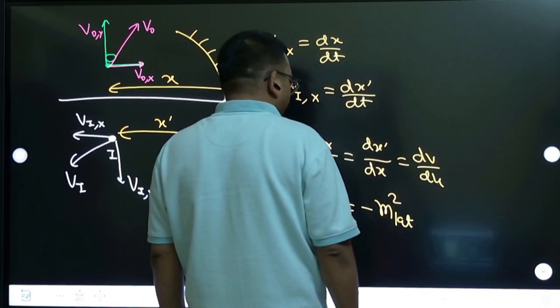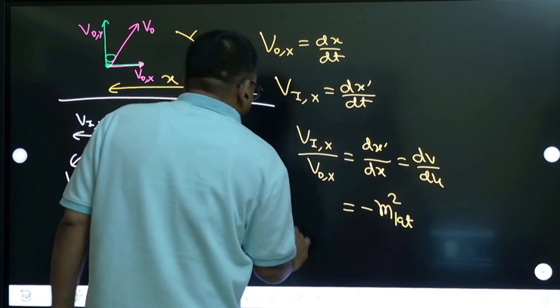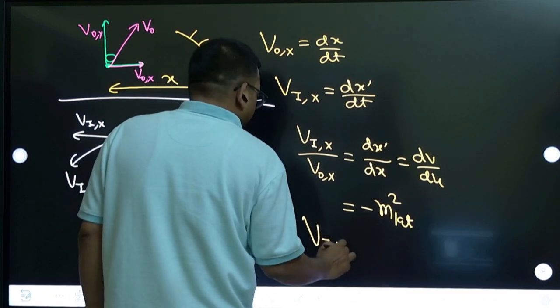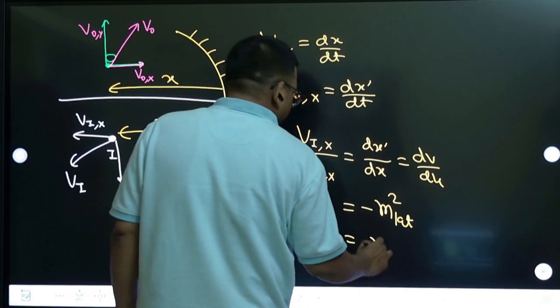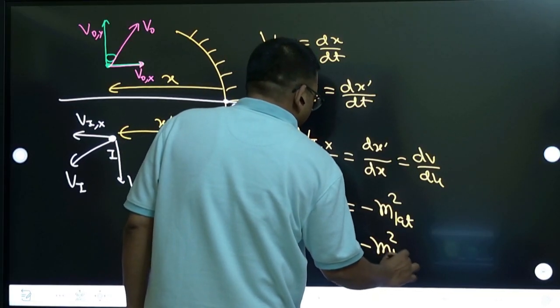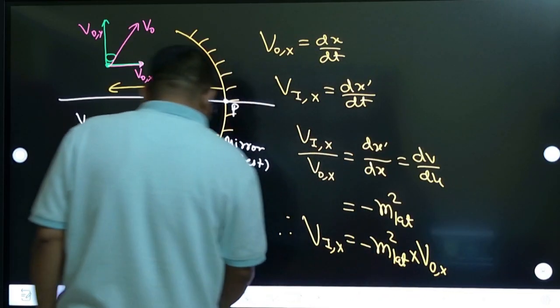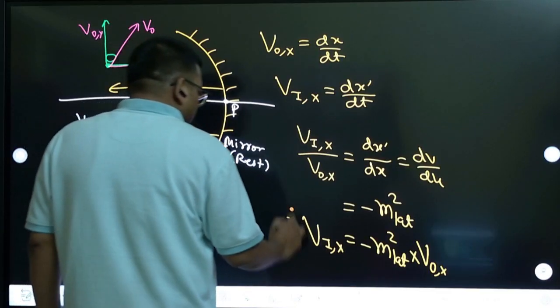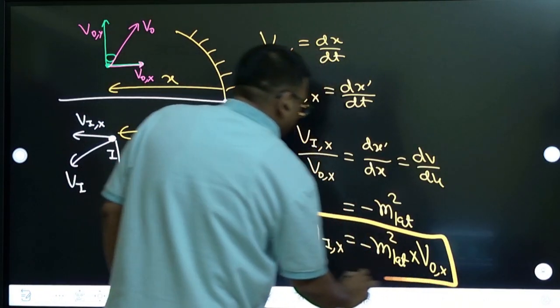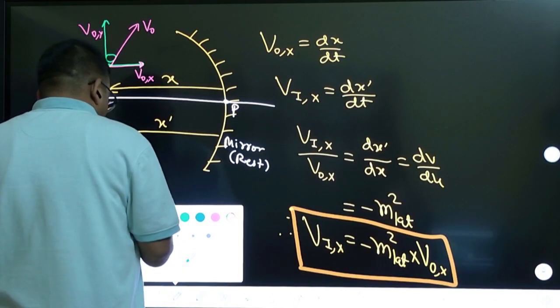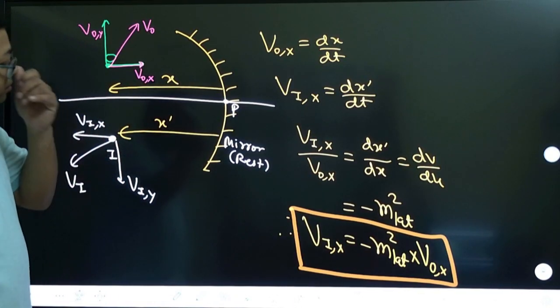So from here, the velocity of image along x-axis is minus m square lateral into the velocity of object along x-axis. So that's the formula.